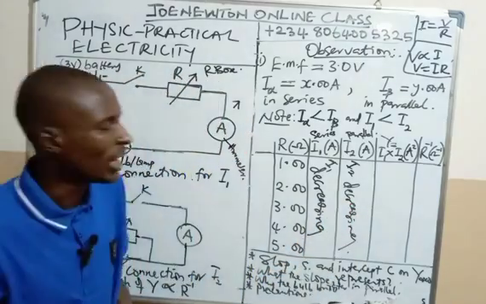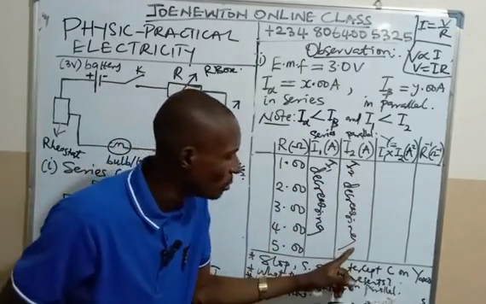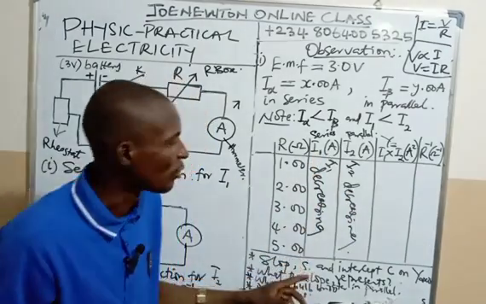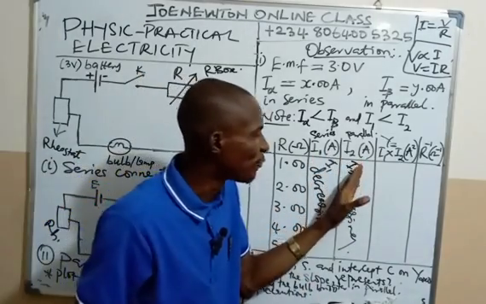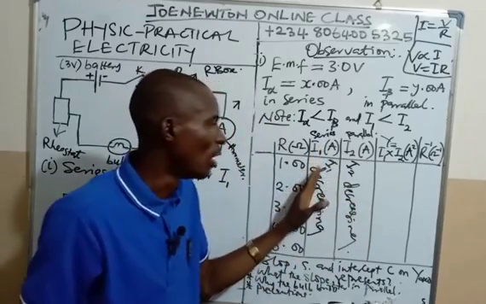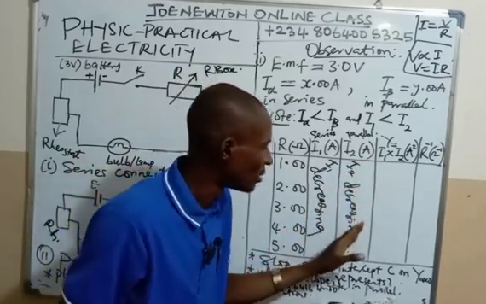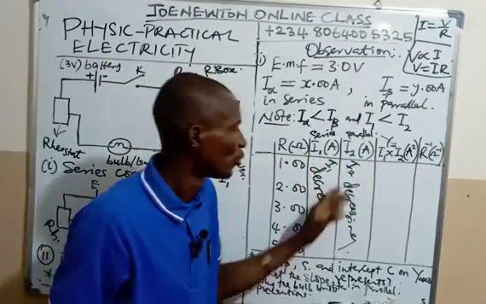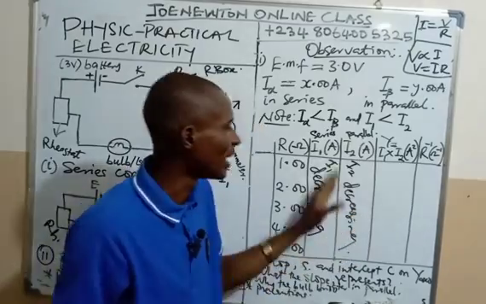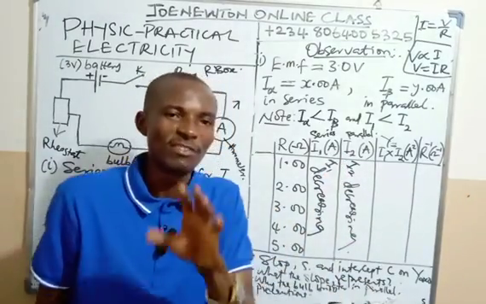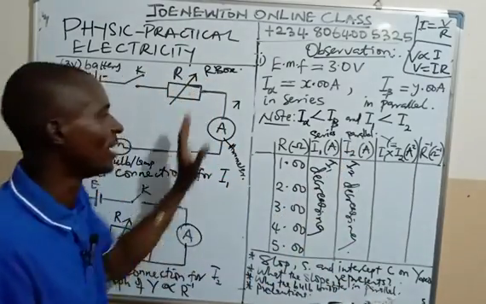There's something you should know, that the values in this column should be greater than the values here, because there is more current flow here than in series. There's more current flow in this parallel than in series. So brightness here will be greater than this one. That's what you should know, because there's less effectiveness of resistance in circuit 2 than in circuit 1.